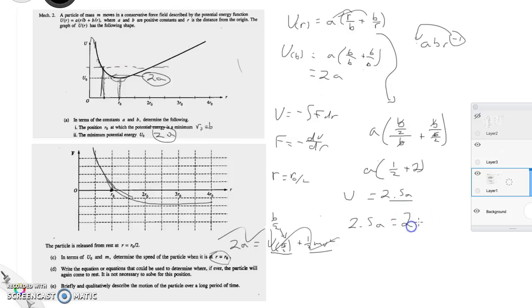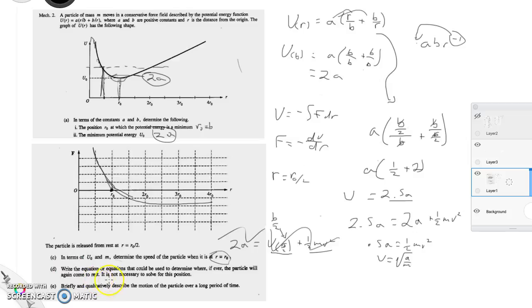So we have 2A of potential energy there, and the rest is kinetic energy. So subtract that over, 0.5A equals 1/2 mv squared. We'll multiply by 2, divide by m, and get that v is equal to the square root of A over m.